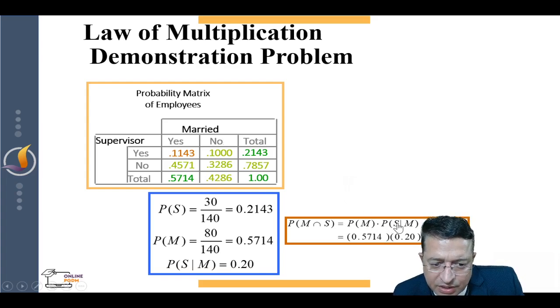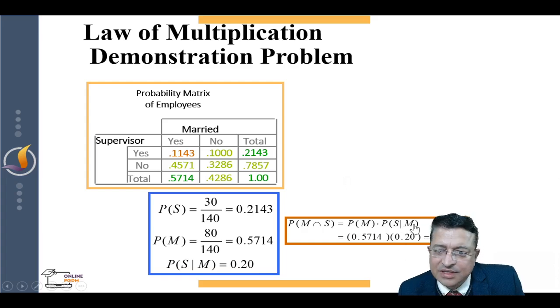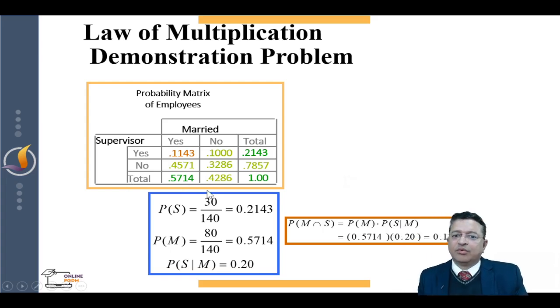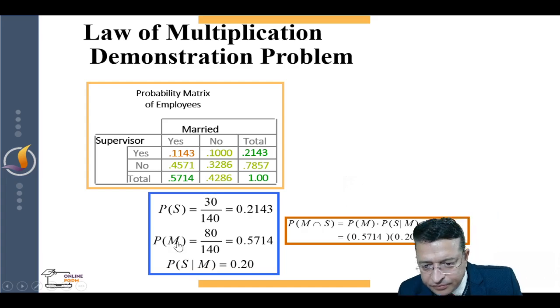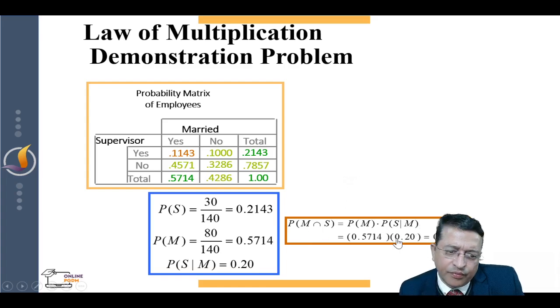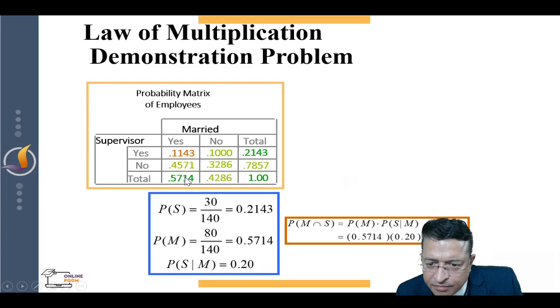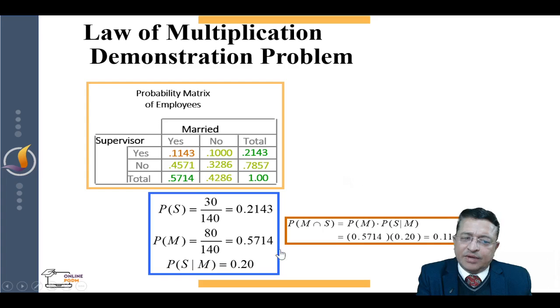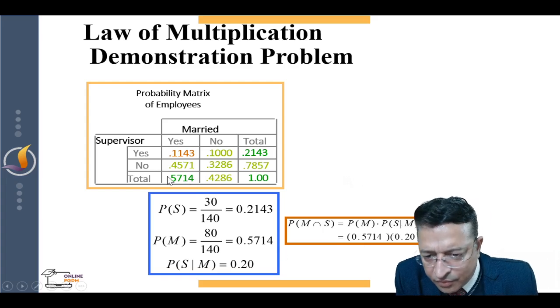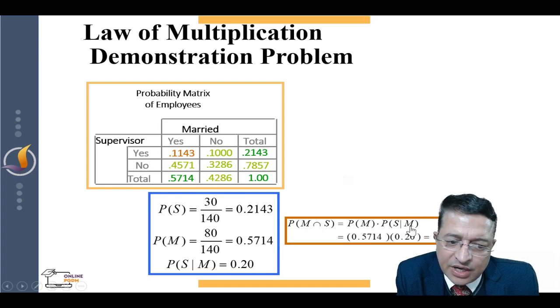Then the probability of supervisor given that the person is married. So now how to calculate this particular thing? You have to take that this one is married. When something is given, you have to calculate the probability of whatever is asked, the probability of supervisor from this married only, since it is already given.